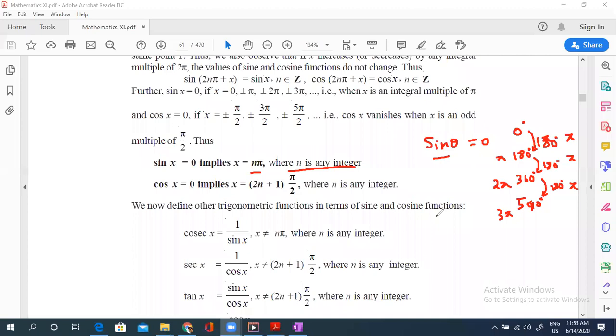Got it? Yes. See, how can a value be different if it's the same point, right? The value of base and perpendicular and hypotenuse will be same now, right? Okay.